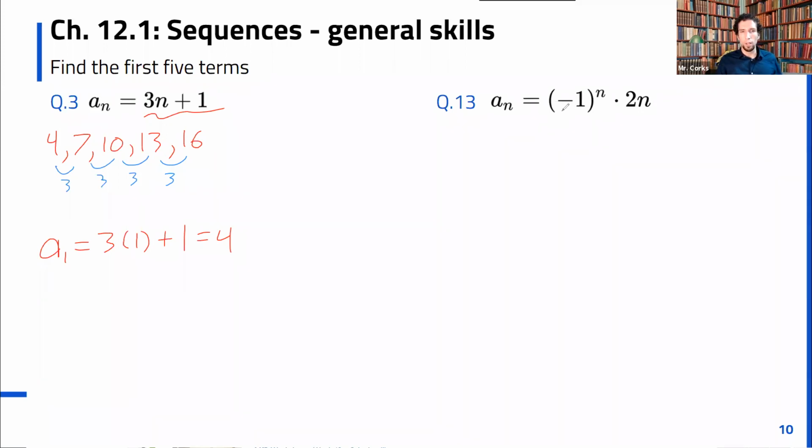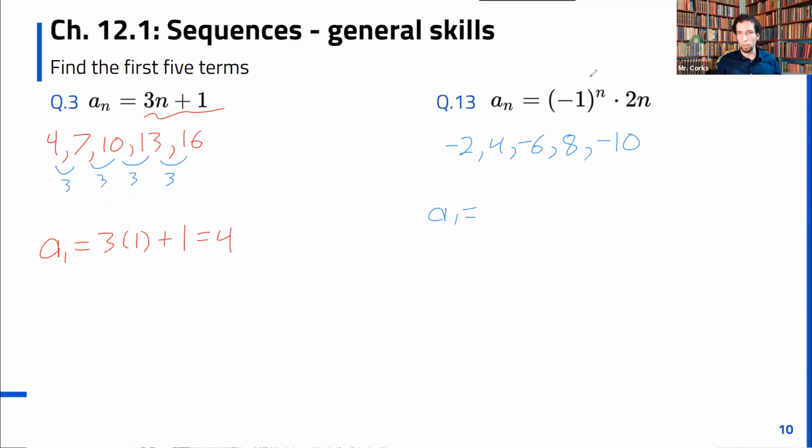The one on the right here, tell me what the first 5 terms are. -2, 4, -6, 8, -10. Okay, I'll talk a tiny bit more about this one.